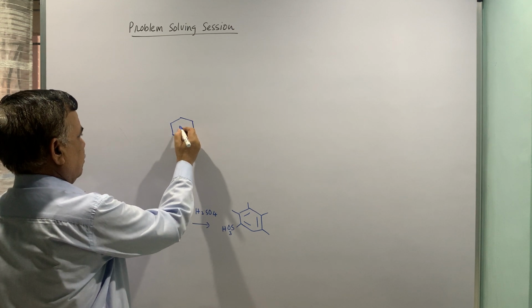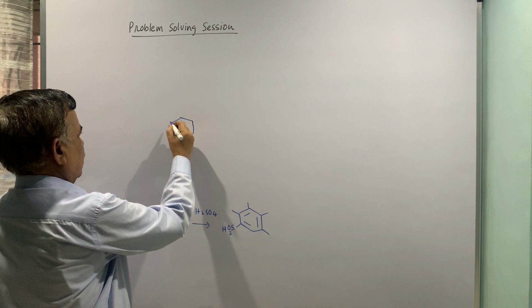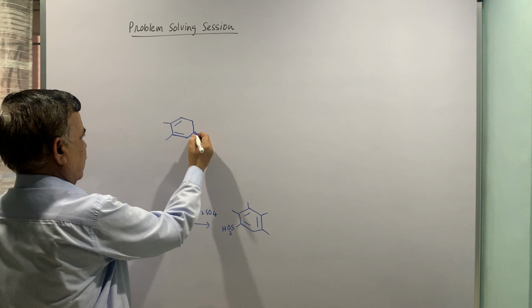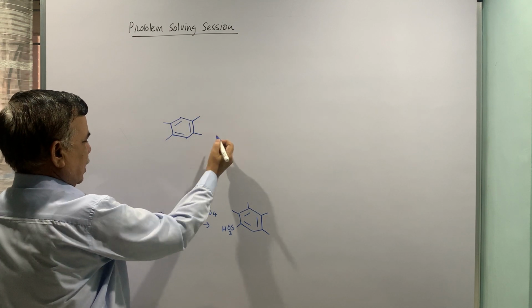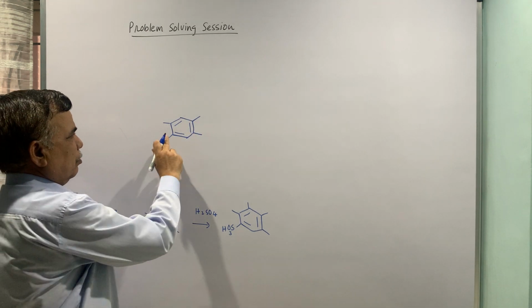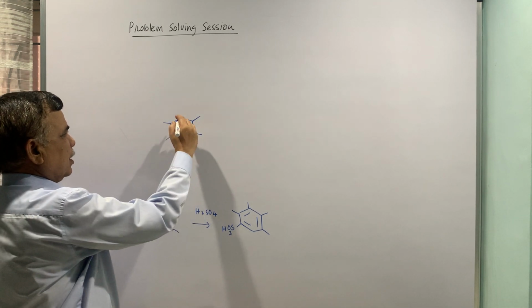So, let me draw the reactant. This is the reactant we are drawing. These two are already in line. So, our job is to move these.